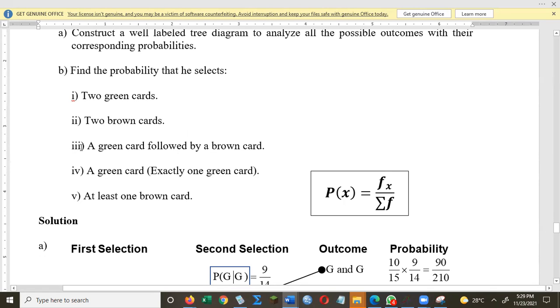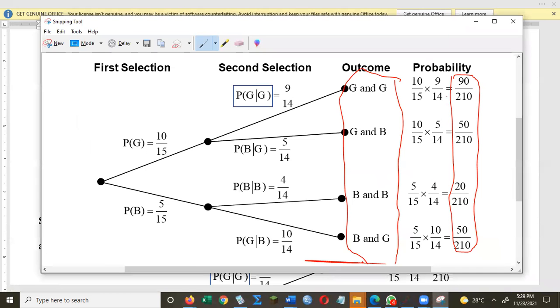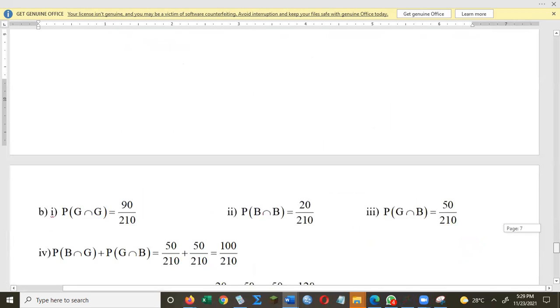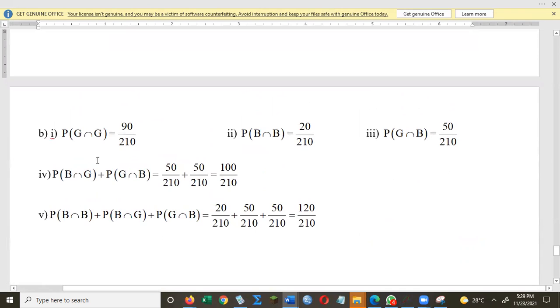There are no 2 ways to get a green card followed by a brown. So for 1, 2, and 3, we get our answer right away without adding. Here it is: 90 over 210, only 1 way to get 2 green cards; 20 over 210, only 1 way to get 2 brown cards; 50 over 210, only 1 way to get a green followed by a brown.